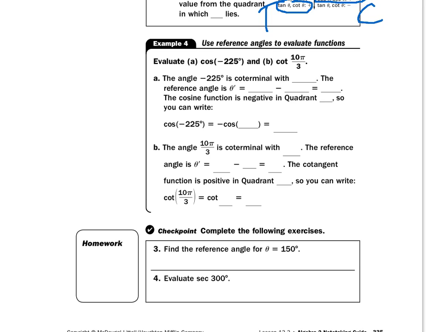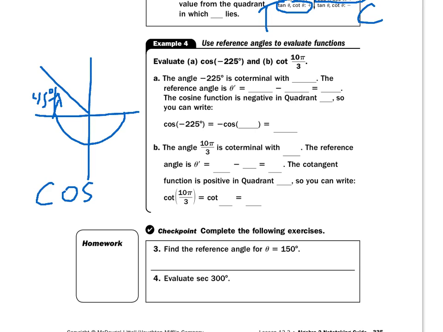Alright, example 4. You want to use the reference angles to evaluate this. So if I'm at negative 125, negative 180, negative 125, we're right here. And I'm trying to find the cosine of negative 125. Well, that's 45 degrees from here. Okay. The cosine of 45, when you put that in your calculator, you're going to get 0.707.